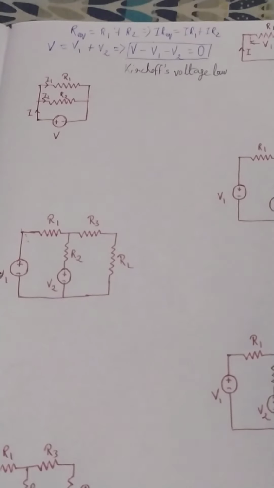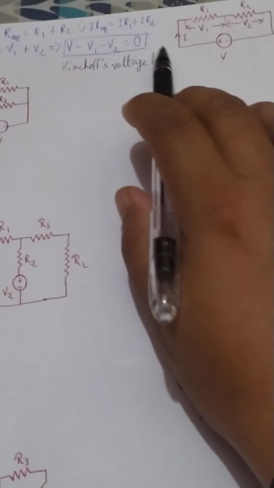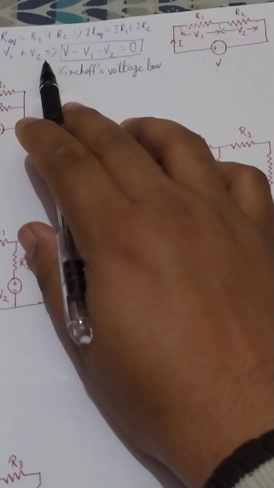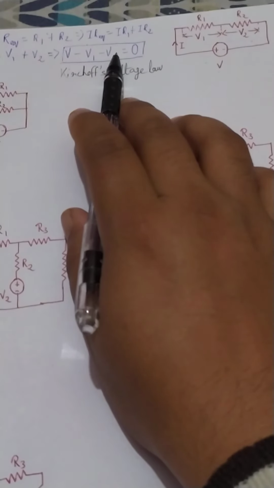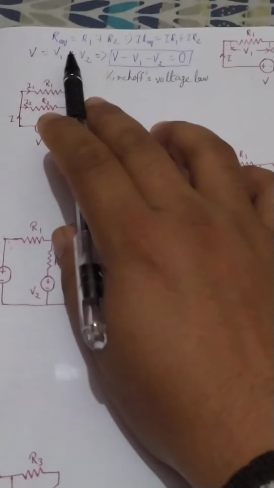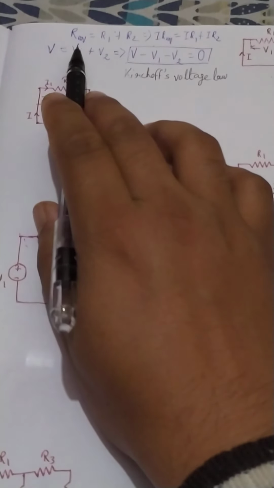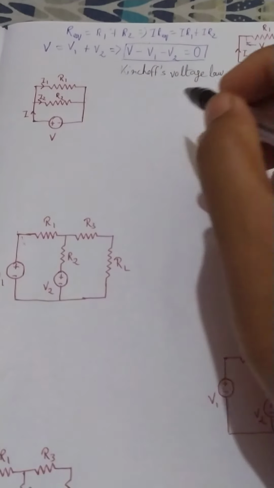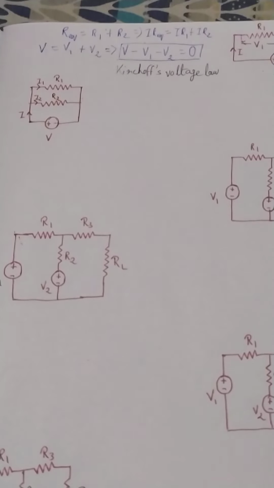The sum of all voltages in a particular mesh or loop is going to be 0. V is the applied voltage and V1 and V2 are the drops. So we could also say that the applied voltage should be equal to the sum of drops in the circuit. This is basically Kirchhoff's voltage law.